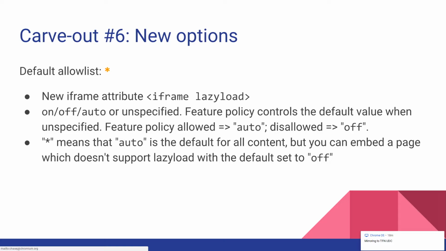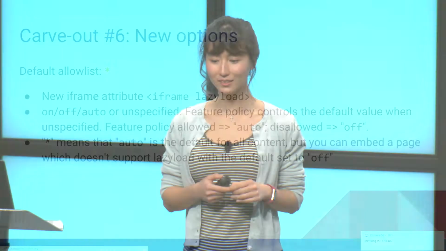So we're proposing this new iframe attribute, lazy load. And when the default value for lazy load is not specified, we can use feature policy to set the default value. For example, when the feature is enabled by feature policy, then we'll set the default to be auto.